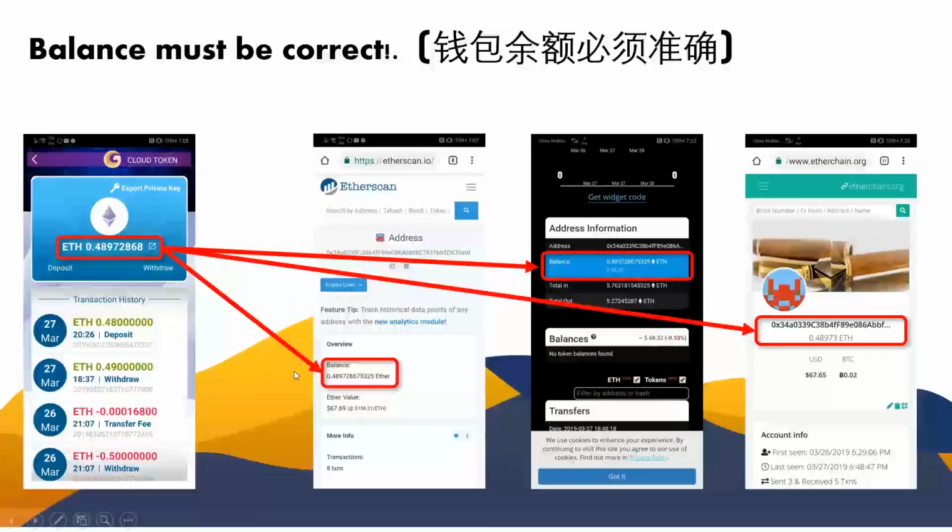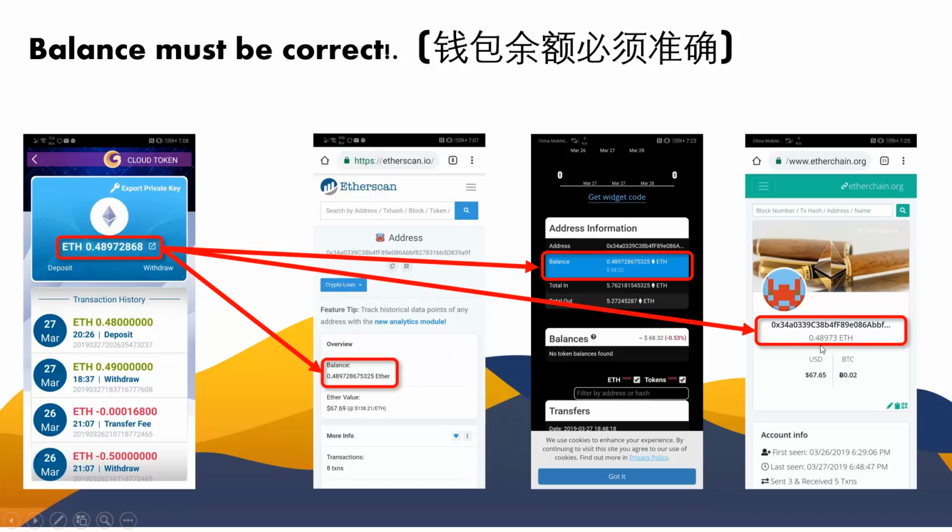So now we have a CloudToken wallet here. It shows the balance, and you check with Etherscan. It's supposed to be the same. And you look at ETH Explorer and Etherchain. They all show you the same number here, except for Etherchain, which rounded up.